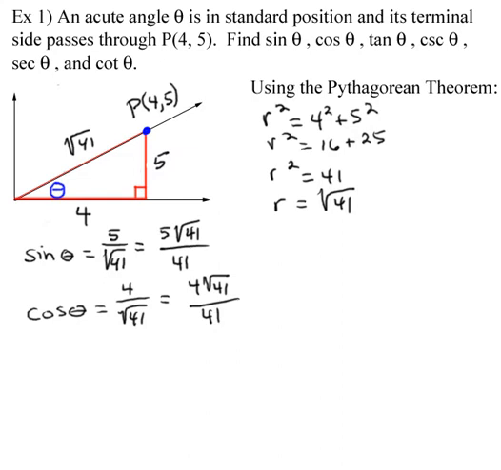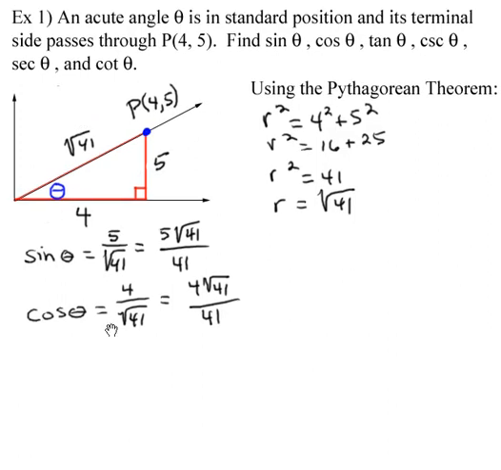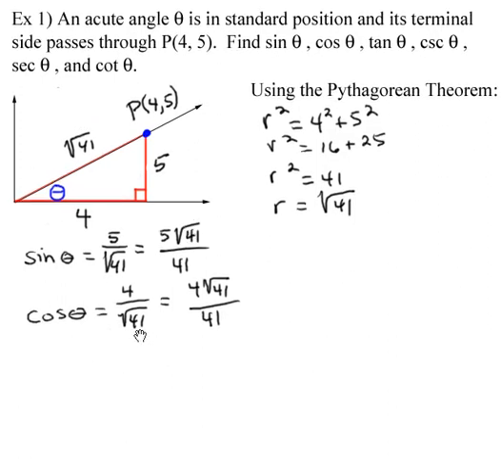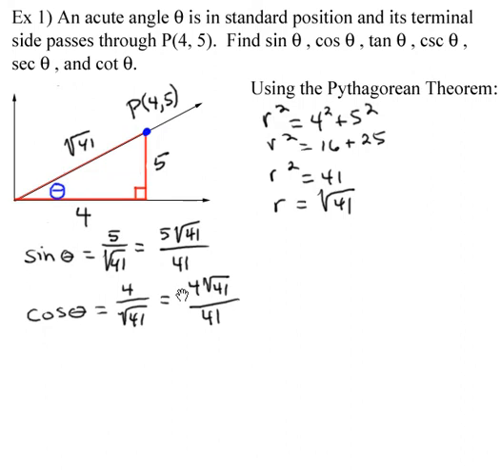Cosine, remember, is adjacent over hypotenuse. So for the cosine, if we stand here at this angle, the adjacent side is 4, the hypotenuse is still the square root of 41. We still cannot leave a radical in the denominator, so multiply numerator and denominator by the square root of 41. That gives us our answer: the cosine is 4 square roots of 41 over 41.